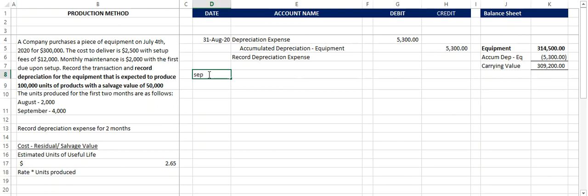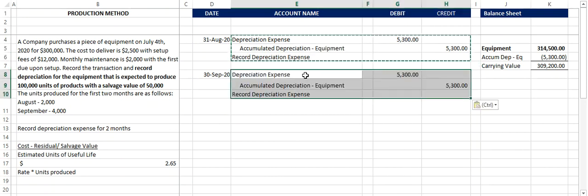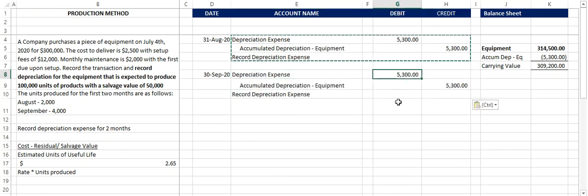And by September 30th, we should already have an idea of what our depreciation expense should be. Let's copy this entire entry because it's going to be the exact same entry, debits and credits. The only thing that's different is going to be the amount of the depreciation expense, because we now have to change our formula. It's still the same $2.65, but now they're saying that they produced 4,000 units in September.